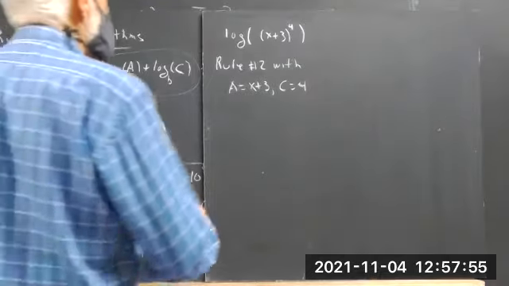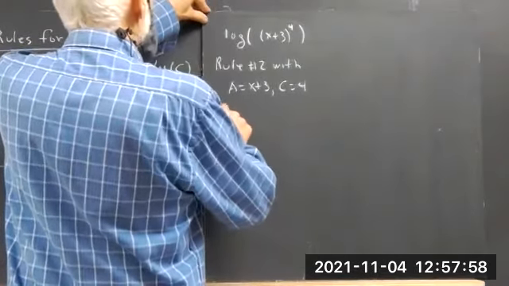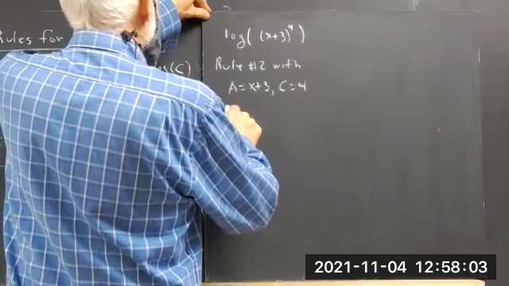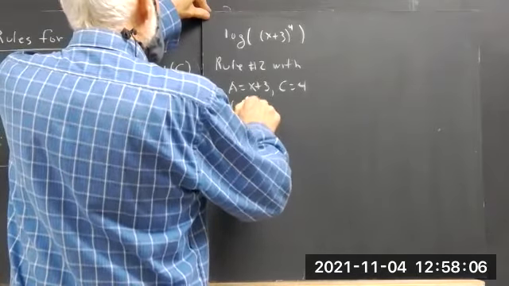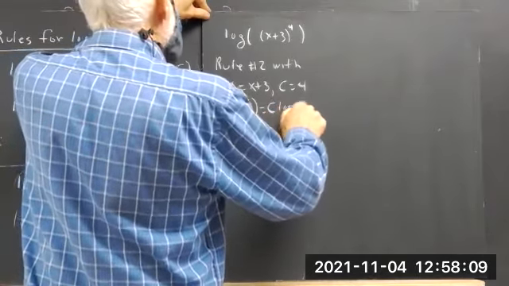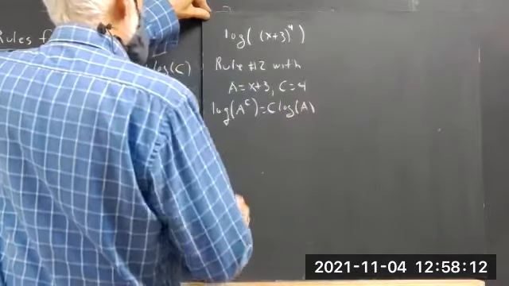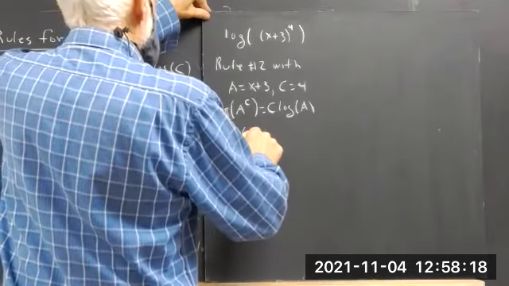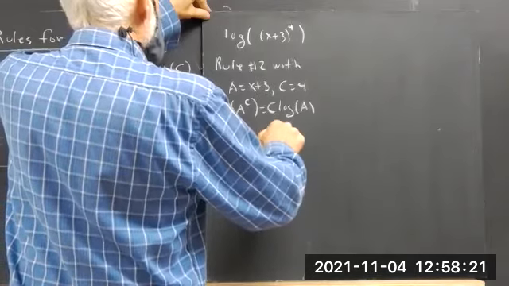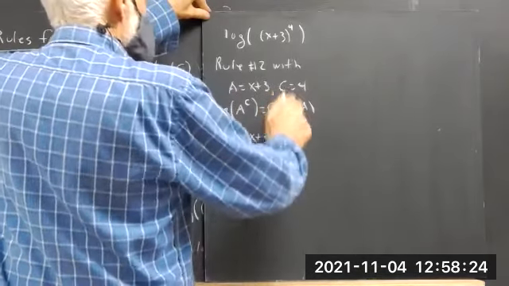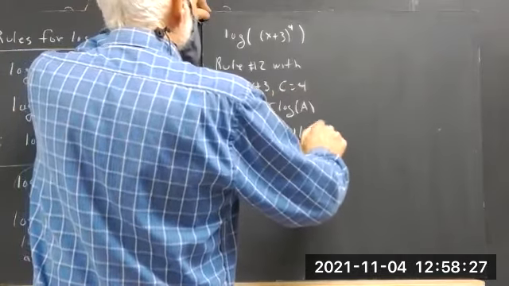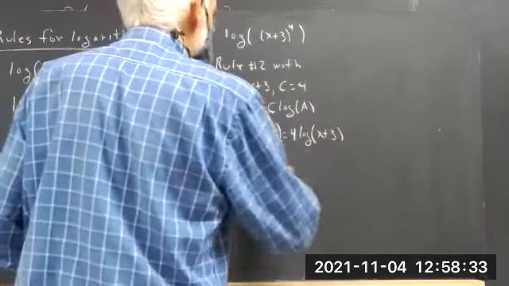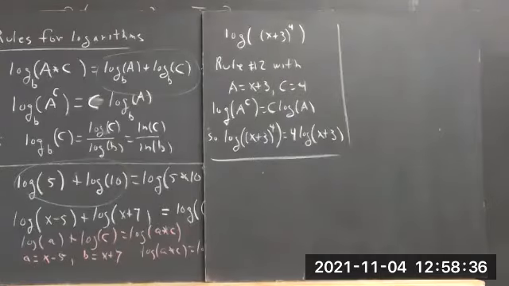So I'm going to write it out. The log of A to the C equals C log of A. The log of the quantity x plus 3 raised to the 4th power equals C, which is 4, and the log of A, and A is your x plus 3. Okay.